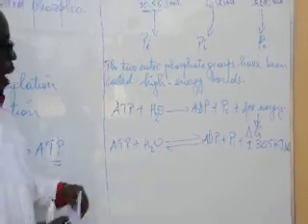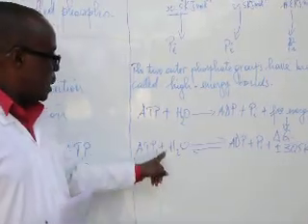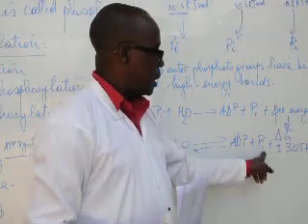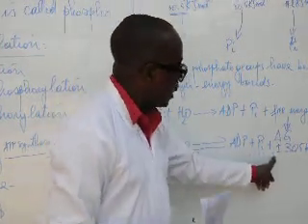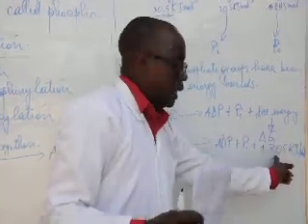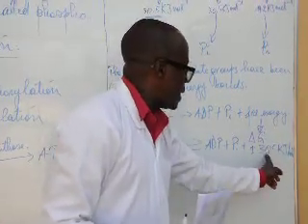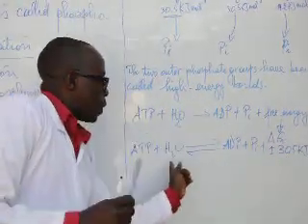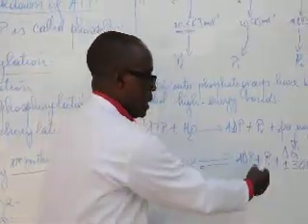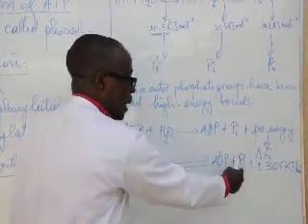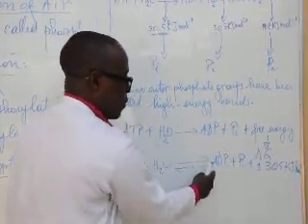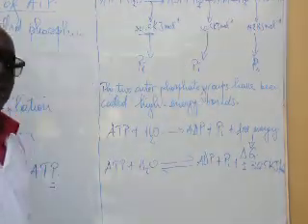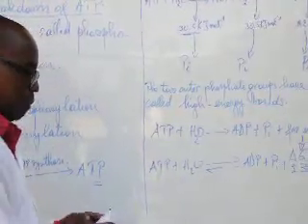It means when you hydrolyze ATP, we get ADP and inorganic phosphate, and it releases 30.5 kilojoule per mole. Because it is a reversible reaction, the synthesis is the addition of inorganic phosphate to ADP, which consumes energy to get ATP.